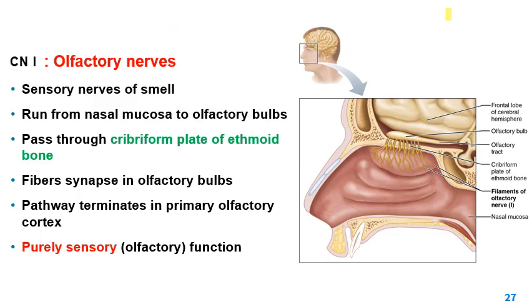Okay. All right, so let's look a bit more on those nerves that you should know. So number 1, that is your olfactory nerve. Where is it that you're going to find it? Okay, so here you are going to have, remember this bone over here, your ethmoid bone that has that cribriform plate? Yeah.